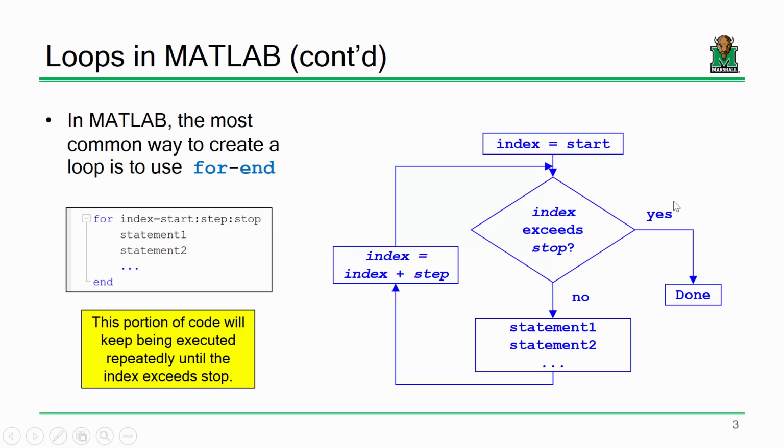And if the answer is yes, then it's not going to execute the calculation anymore and it immediately goes to end. But if it hasn't yet reached the stopping point, then it will execute all these statements that are embedded within the for end pairing. And then after that, automatically built in is the idea of adding 1 to the index. And then it goes through that cycle again.